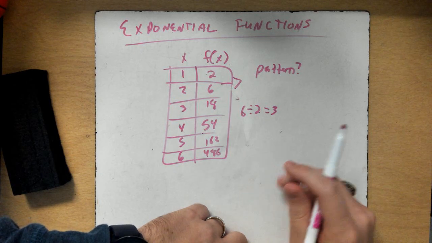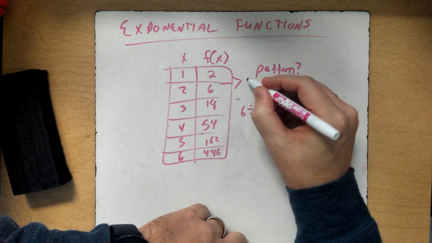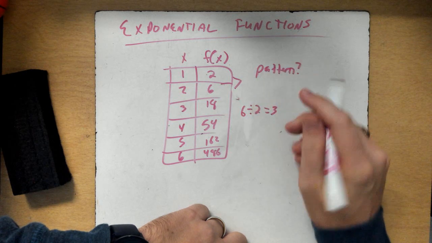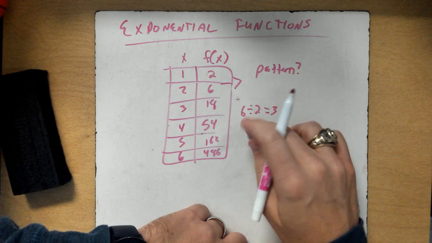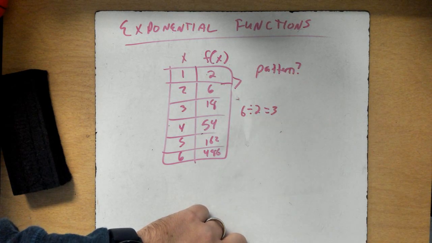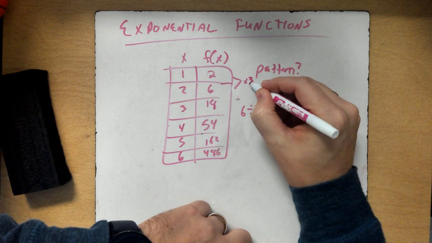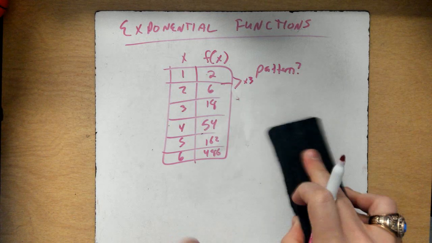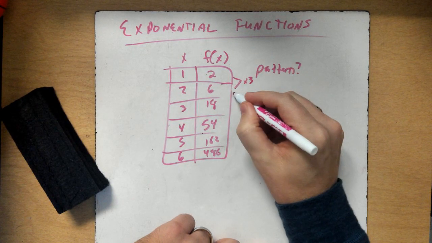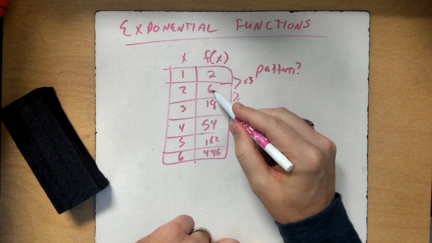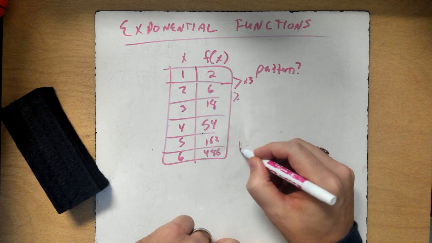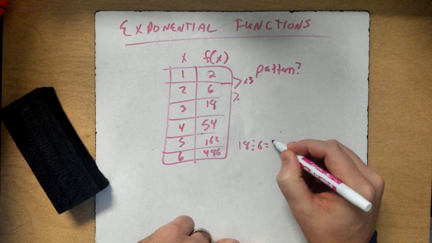So this is a factor of 3 here. We can say that 2 times 3 is 6. Now if we do these two, is it the same? 18 divided by 6 also equals 3.